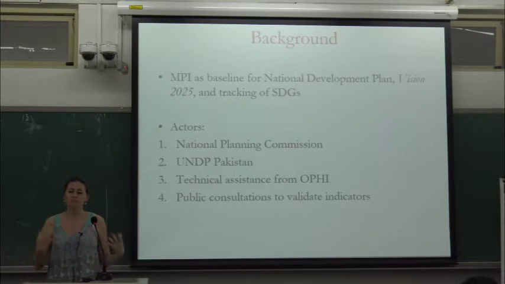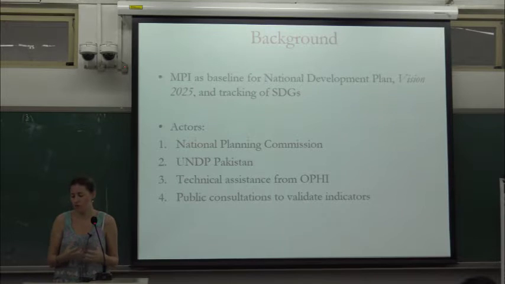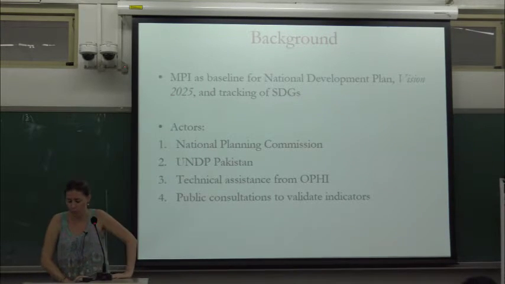So it was quite a comprehensive process that they went through to be able to have a measure that was as sound as possible, at least in the normative justification of the different decisions that were being made.